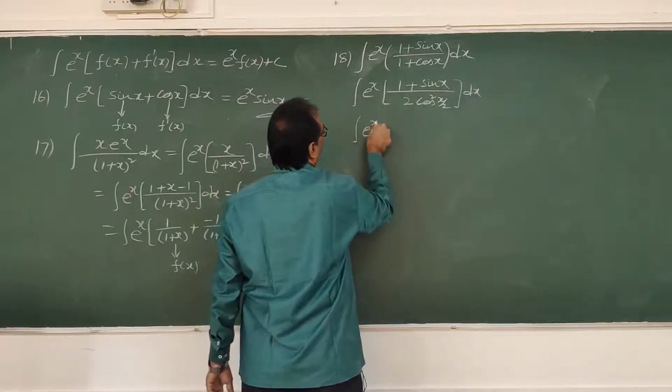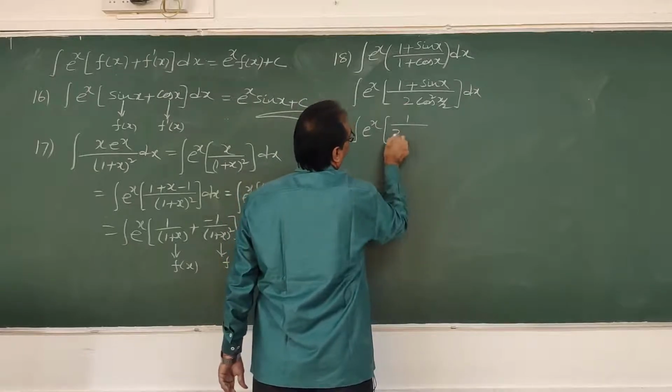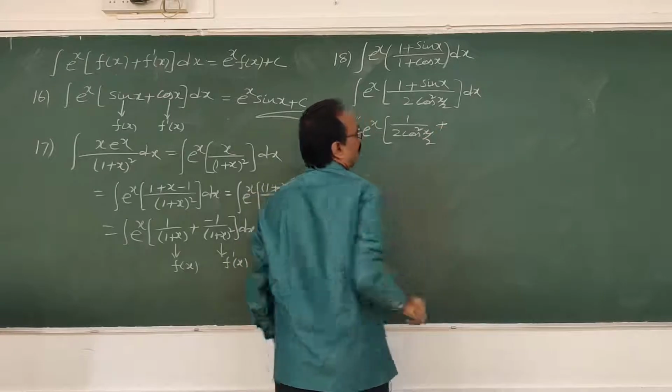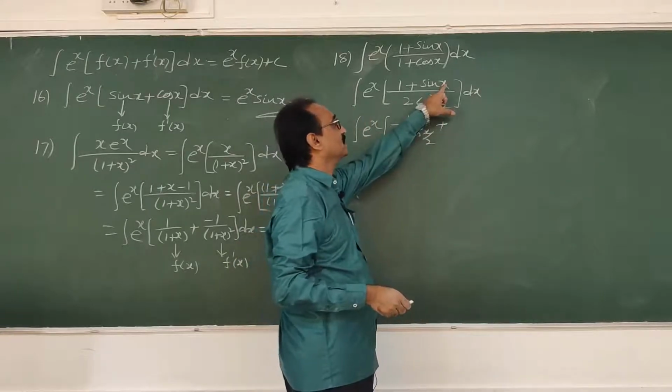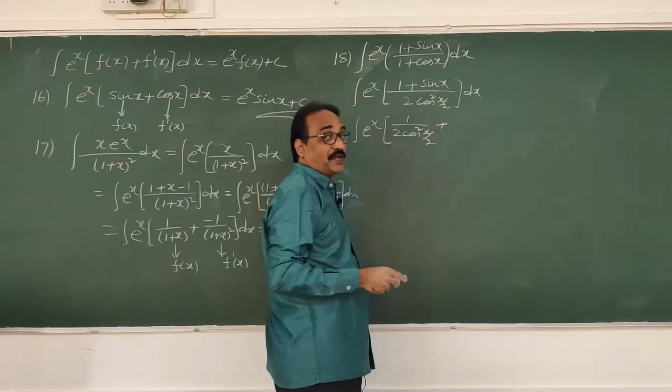So the integral of e^x into (1 by 2 cos²(x/2)), separate it, plus sin x by 2 cos²(x/2). Here x/2 is there, here x is there, no use, both must be the same angle. So what can we write sin x as?